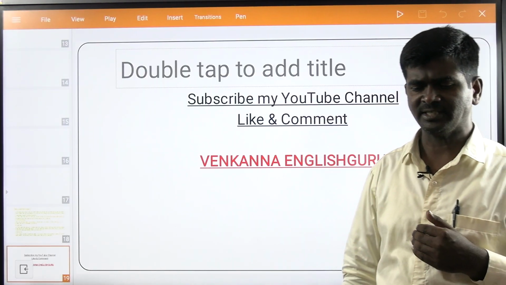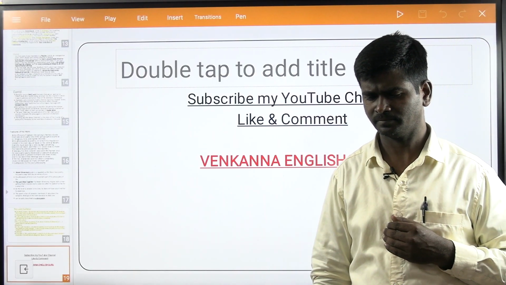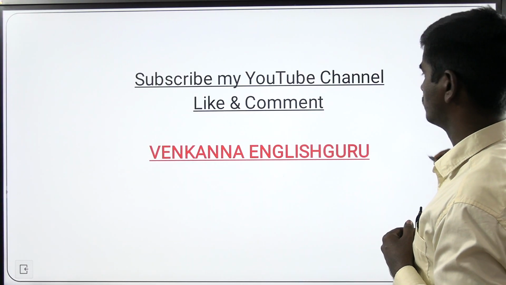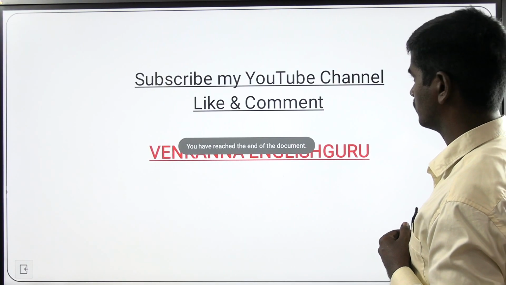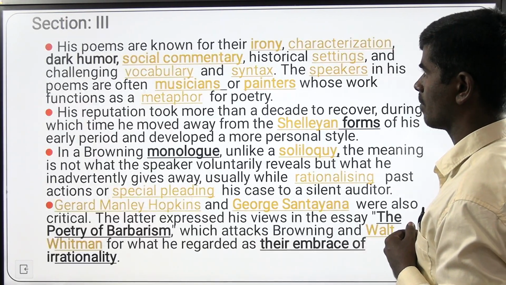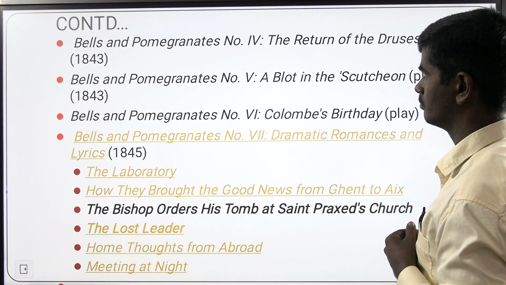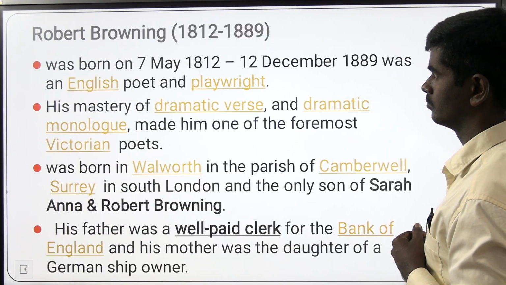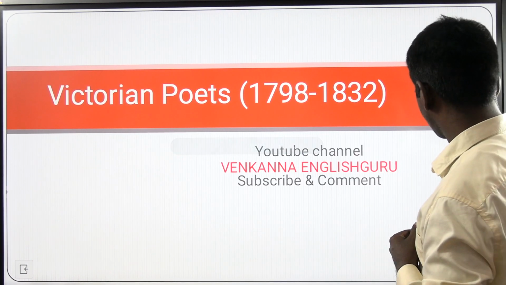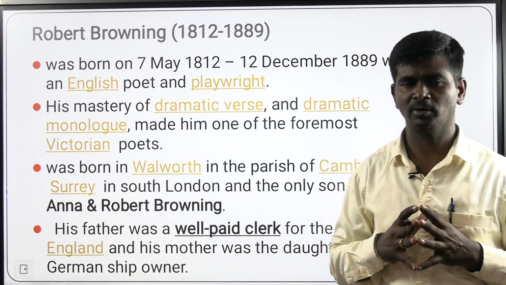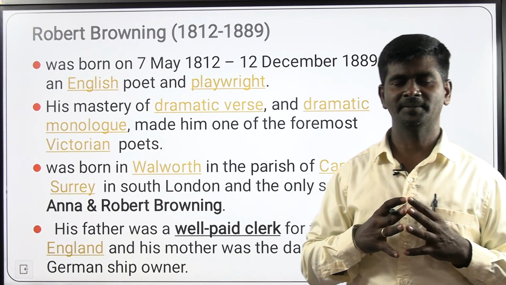We'll talk about one writer. Okay, so we are talking about Victorian writers, and the first writer that we are talking about is Robert Browning.